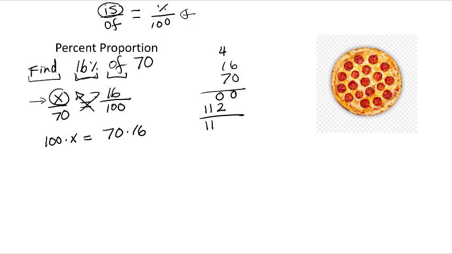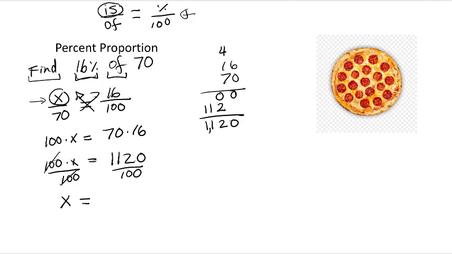So we have 1,120. So 100 times x equals 1,120. Now to isolate x, we will divide both sides of the equation by 100, right? On the left here, the 100s cancel, so we have x equals 1,120 divided by 100. Well, when we divide by 10, we just lose one 0.